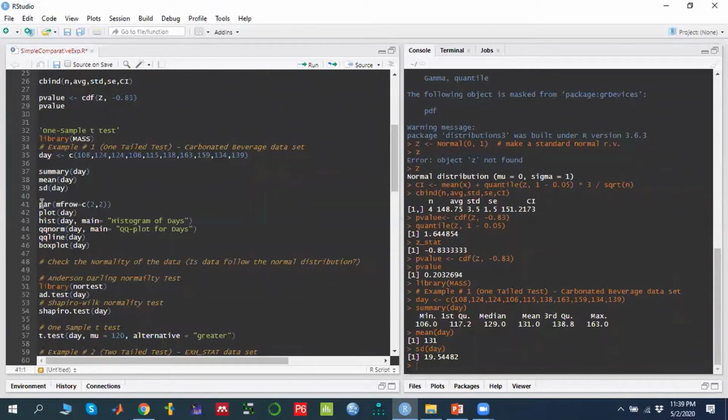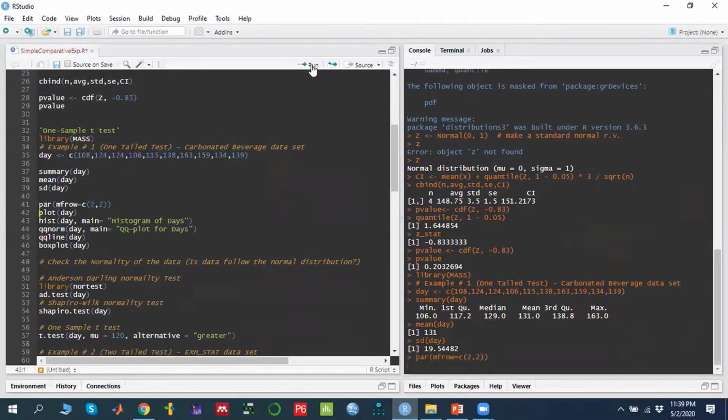First of all, this line of code is designing the layout of a page. The par function is used to partition the page, and mfrow means we are distributing the frame row-wise, and we are distributing the page 2 by 2, that means 2 rows, 2 columns.